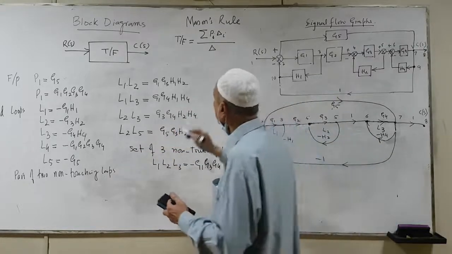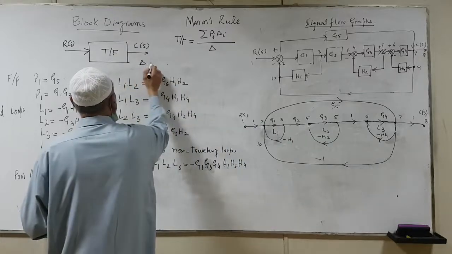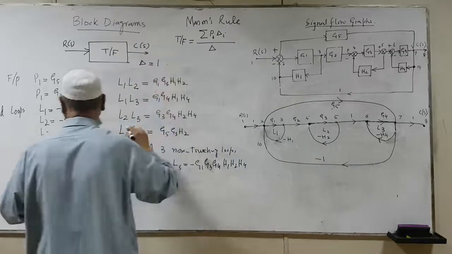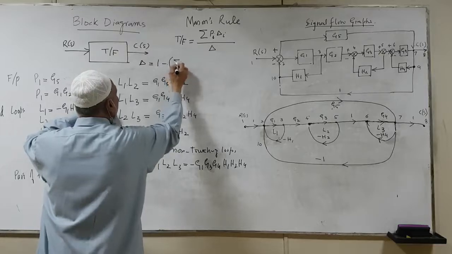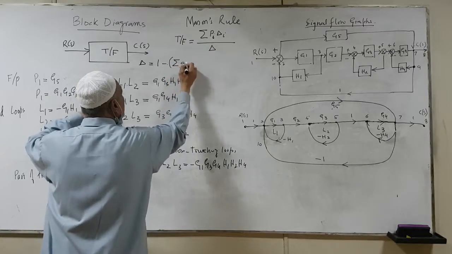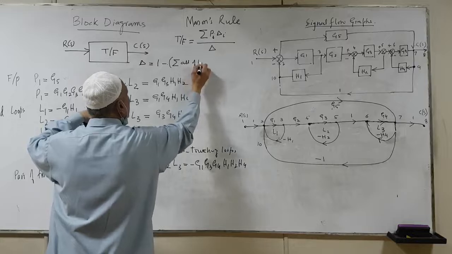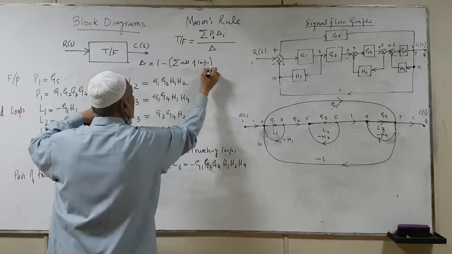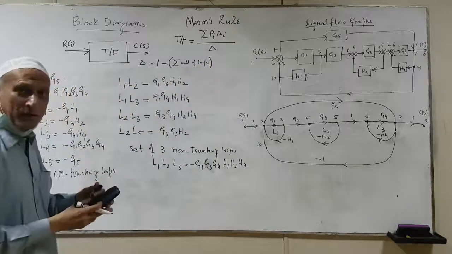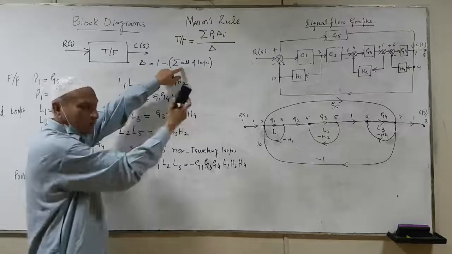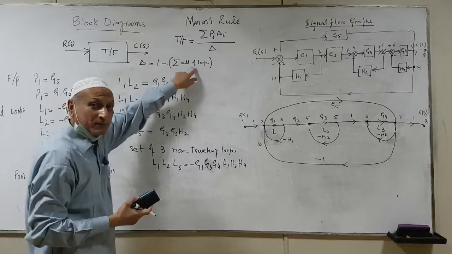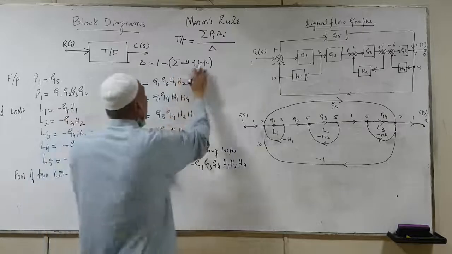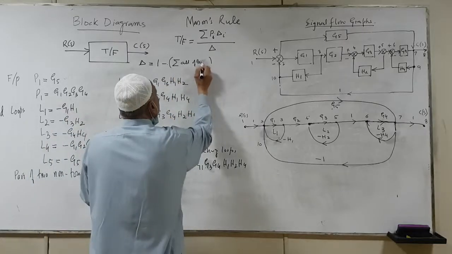Now this delta is basically equal to 1 minus the sum of all the loop transmittances. In fact, there is not enough space on the board, so anyhow it is the sum of all the transmittances of independent loops.